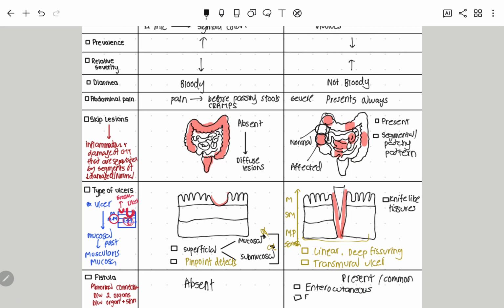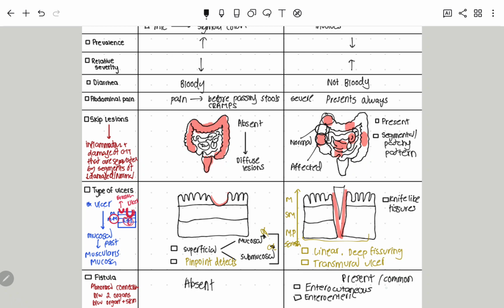You can have enteroenteric fistulas, which basically means that the fistula occurs between two segments of the intestine, creating a connection that allows for the contents to flow from one part of the intestine to the other. Now with Crohn's disease, obviously this can occur between the large intestine and the small intestine, but it can also develop between different loops of the small intestines as well.